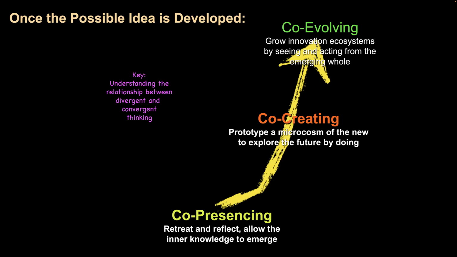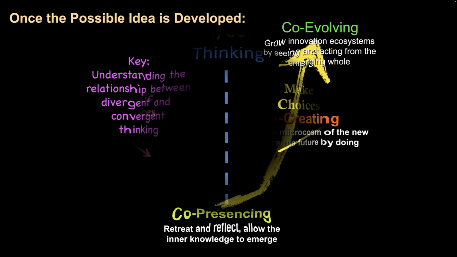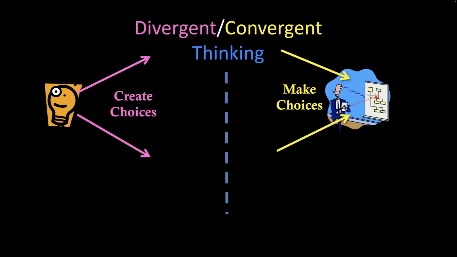And so the key is to understand the relationship between divergent and convergent thinking. That becomes important because most of the systems that you're working in right now are focused on convergent thinking.